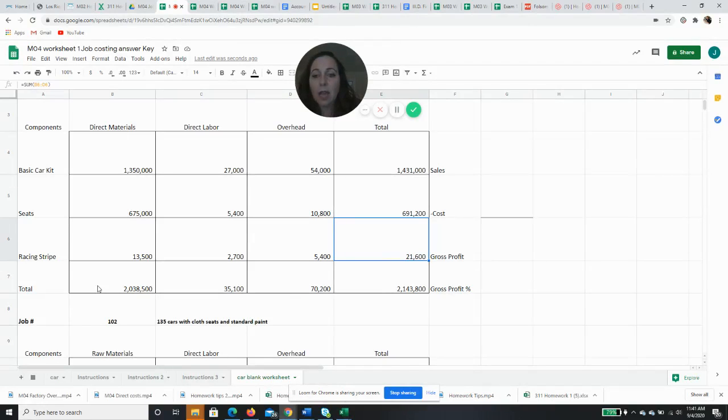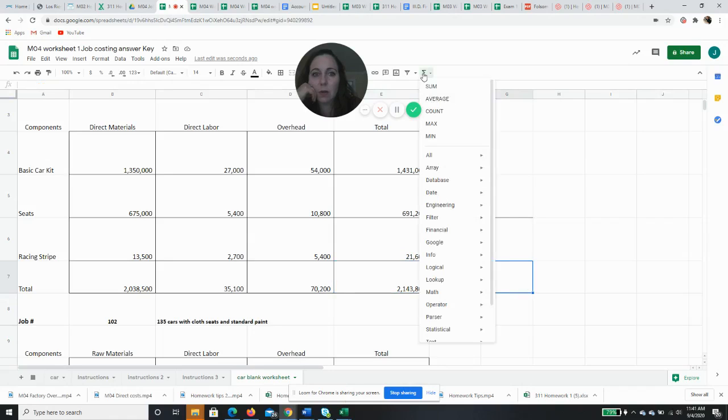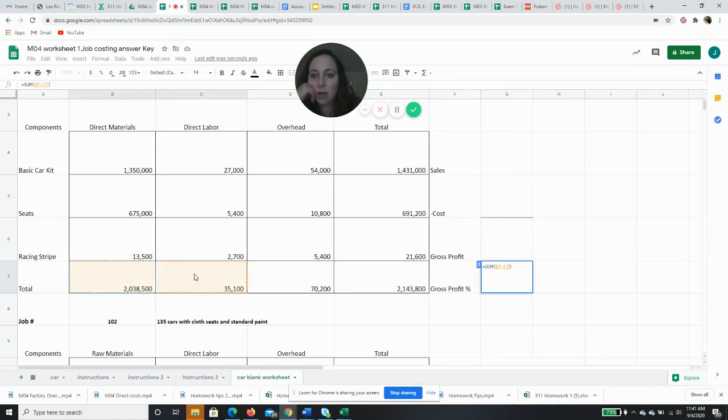And again, if I want to check, I can make sure that my total for direct materials plus direct labor plus factory overhead equals the total for basic car kit plus the total for seats plus for the racing stripe. So the formula I have here is adding up all of these. So if I want to check my number, just add up all of these. And it comes out to be the same, so that makes me pretty happy.